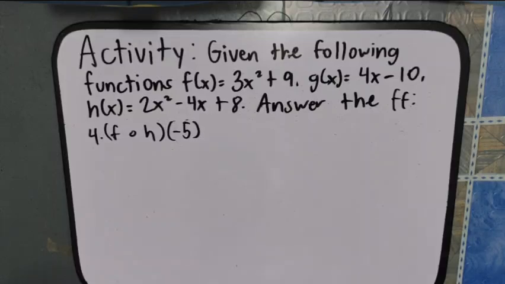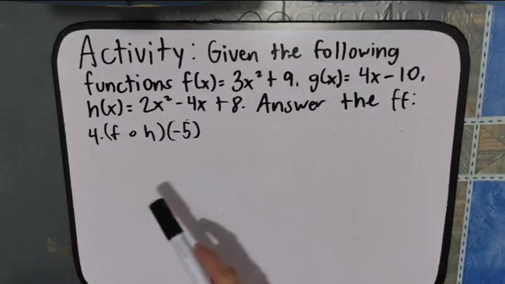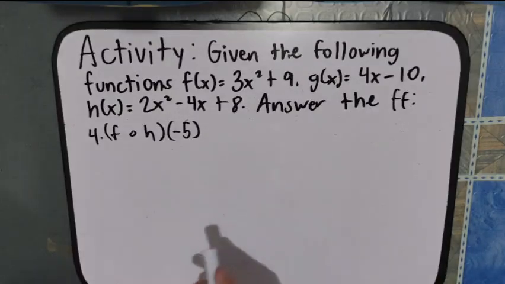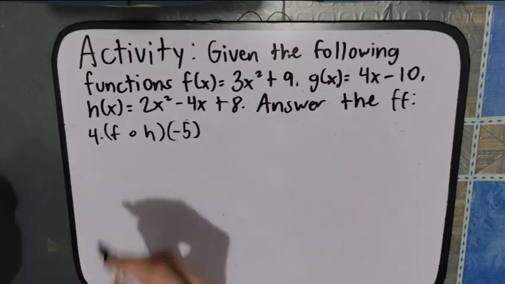The next item, item number 4, has f of h of negative 5. So in this item and the next item, we will be using our calculator to the fullest because we will be dealing with very large numbers. So let's solve first.